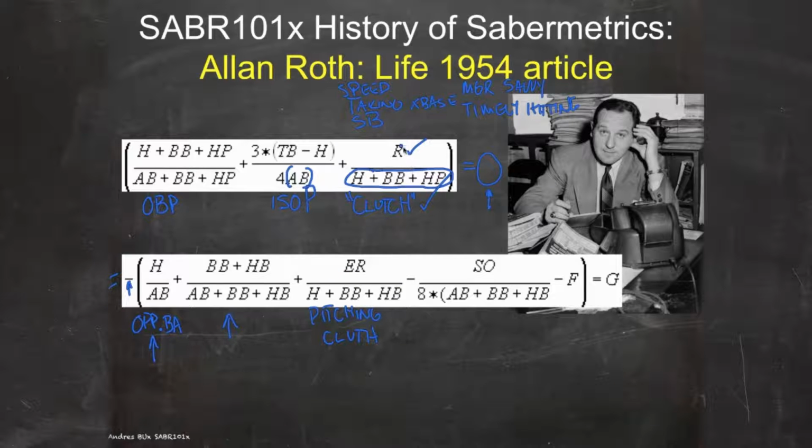Sort of the alternative to runs scored by the offense, earned runs by the defense. And this gets at the same thing. How does the defense do at managing speed and keeping the other team from taking bases or keeping the other team from stolen bases. So that's what Roth and Ricky talk about when they talk about pitching clutch.